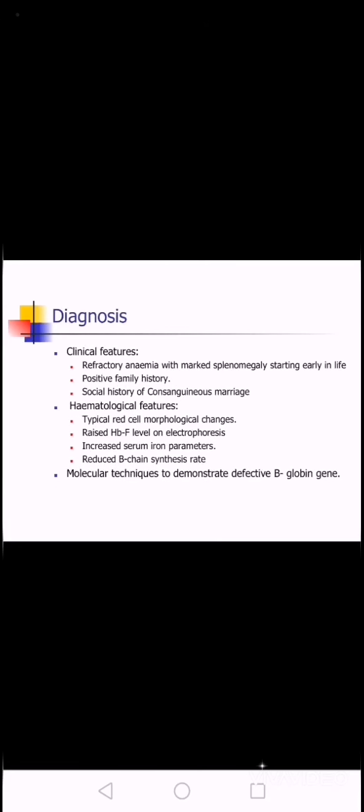Diagnosis of thalassemia. Clinical features: refractory anemia with marked splenomegaly starting early in life, also positive family history with a social history. Hematological features: typically red cell morphological change, raised HbF level on electrophoresis, increase in serum iron parameters.